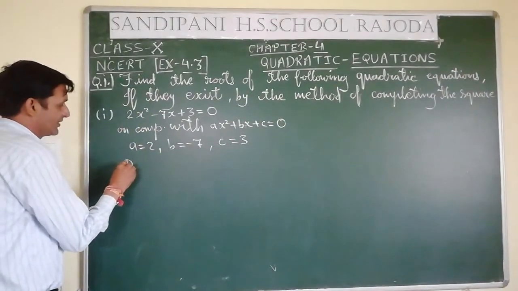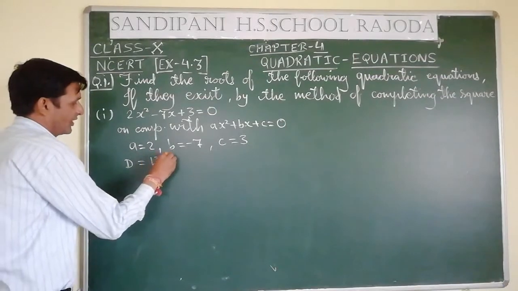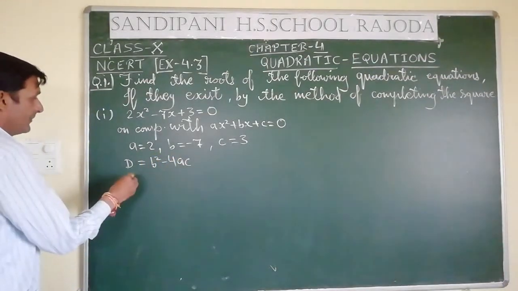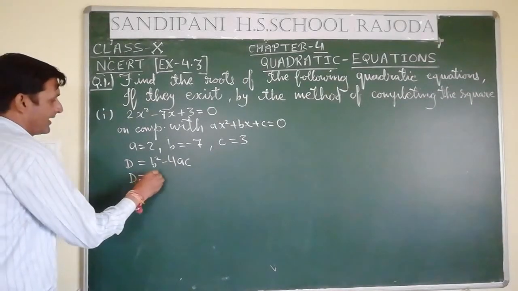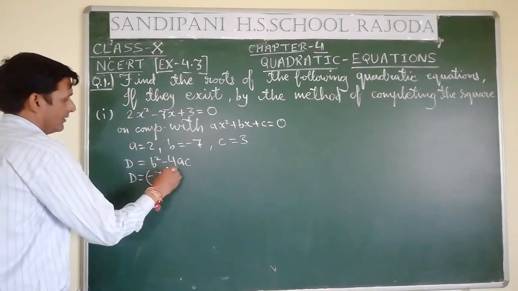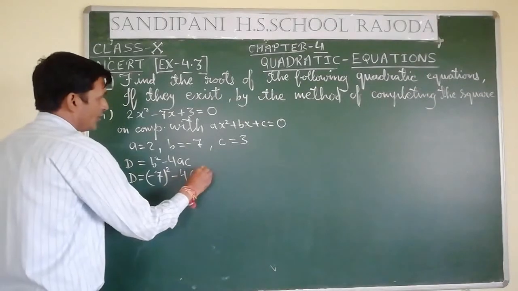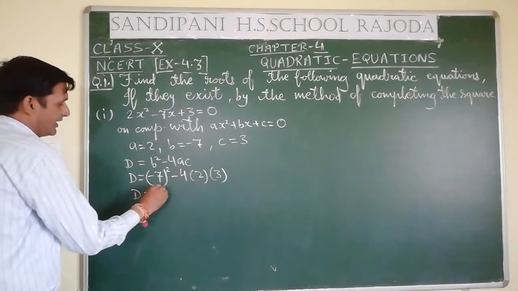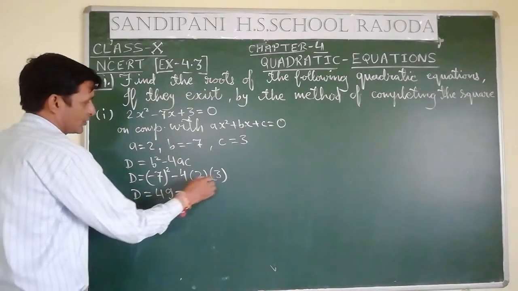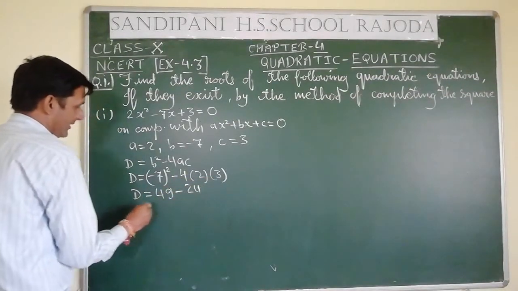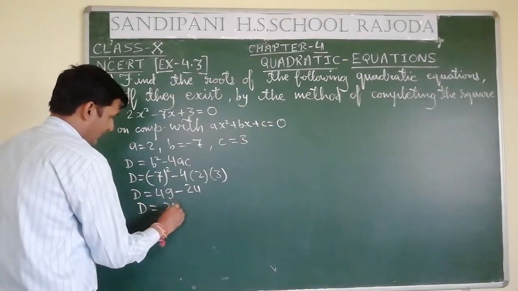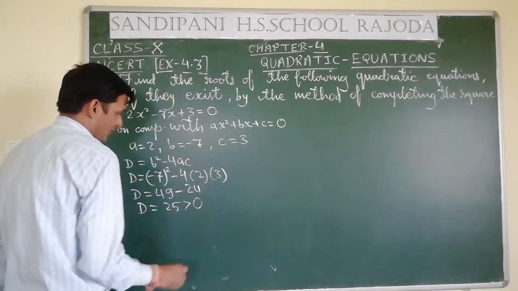Now D is equal to b square minus 4ac. So D is equal to (minus 7) square minus 4 into 2 into 3. So D is equal to 49 minus 4 times 2 times 3, which is 24, means D is equal to 25 here, which is greater than 0.